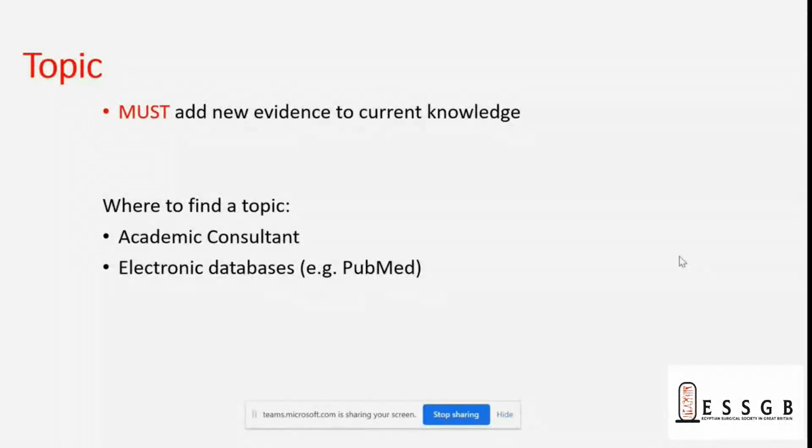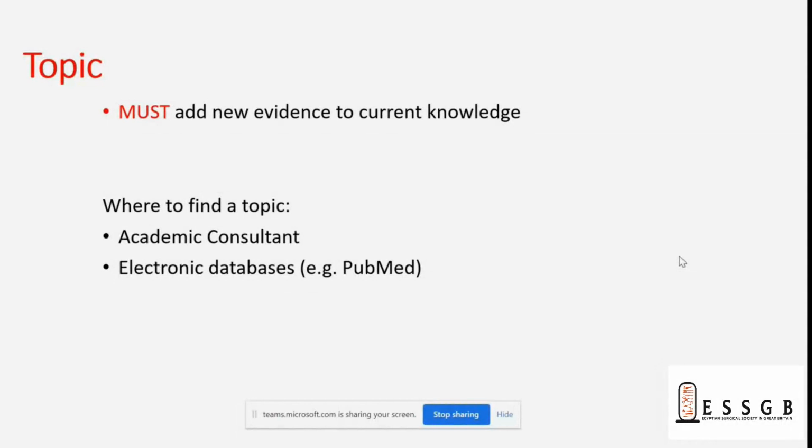The first thing that makes the structure of your study is a topic. The topic that you choose should not necessarily be merely interesting. It should be something that is within your specialty and what the literature needs, as I mentioned. There are 2 ways of finding a topic.